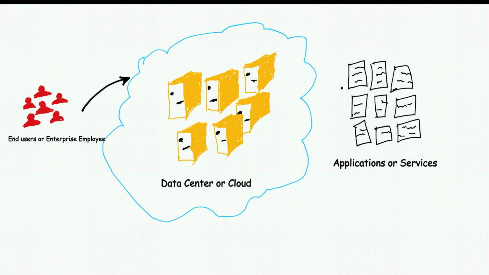See here in the diagram, the cloud is nothing but a data center where resources such as computing, storage, servers, and databases are given to end users or enterprises on rent as per a pay-as-you-use model. So whatever resources you use, only that you have to pay for, nothing else. You don't have to pay for setting up the server or the operational cost of the server.